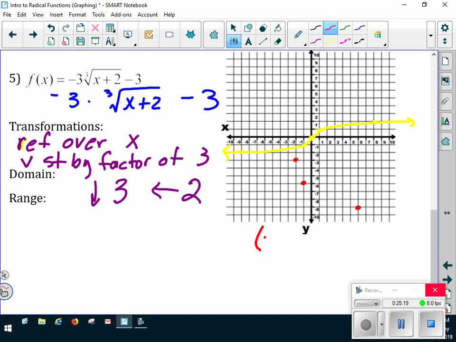Let's see. Uh-oh, that's not right. There it is.